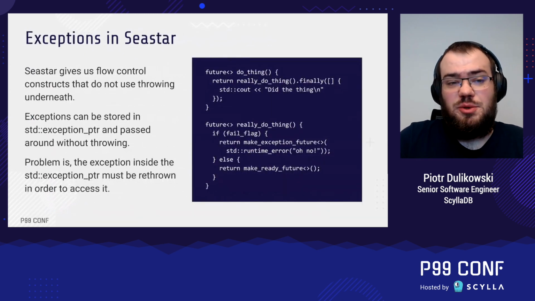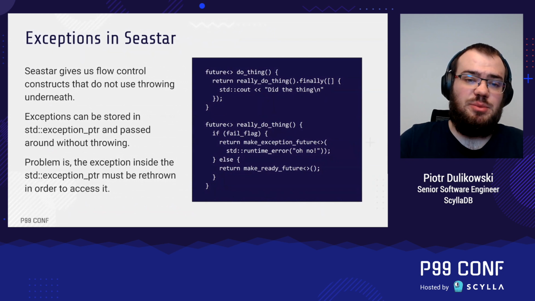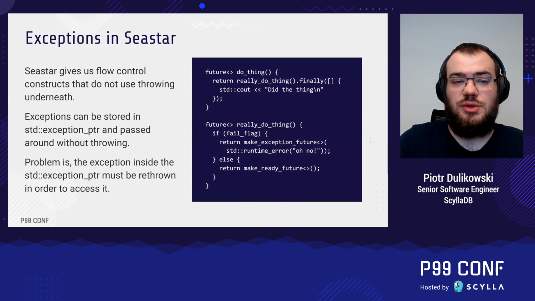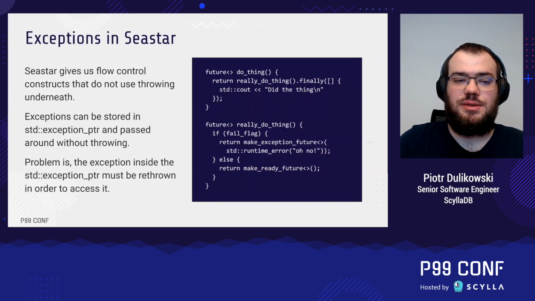Exceptions are usually propagated up the call stack until a try-catch block is encountered. However, in programs with non-standard control flow, it sometimes makes sense to capture the exception and rethrow it elsewhere. For this purpose, std::exception_ptr can be used. Our asynchronous framework, Seastar, is a good example of code that uses this.